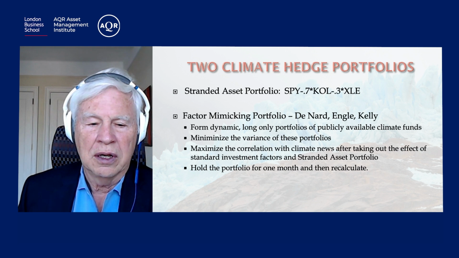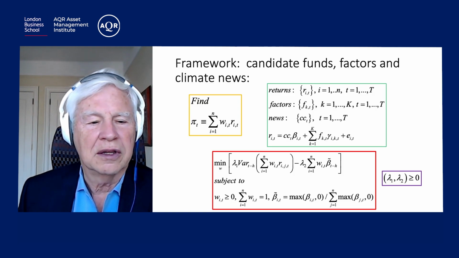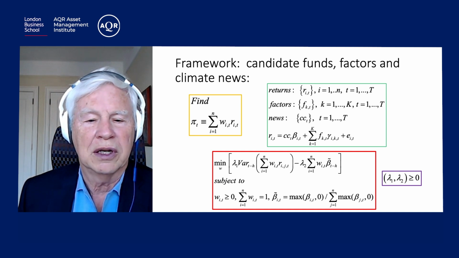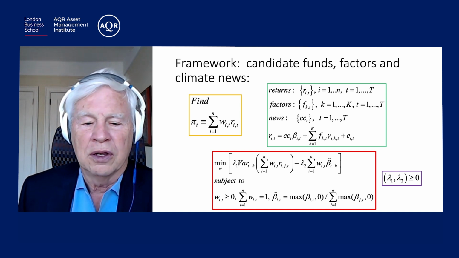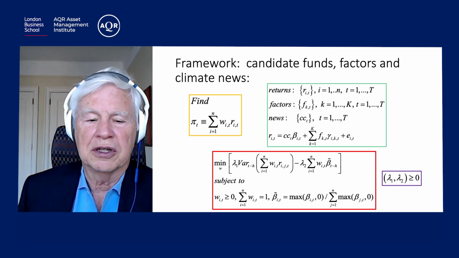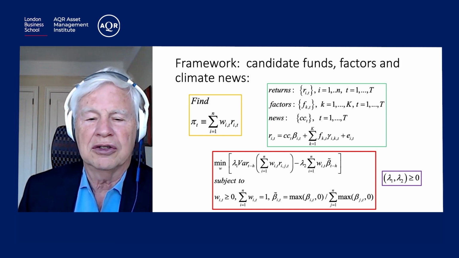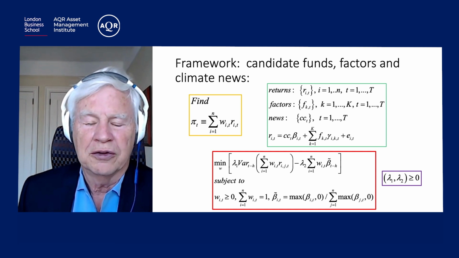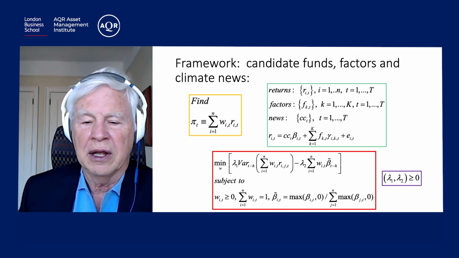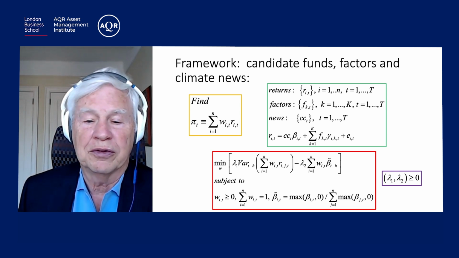So here are the formulas. The yellow box tells you kind of what we're looking for. We're looking for the portfolio weights. The key relationship is the last equation in the green box, which says that the returns on each of these 178 funds depends partly on climate news with some beta and partly on other investment factors.